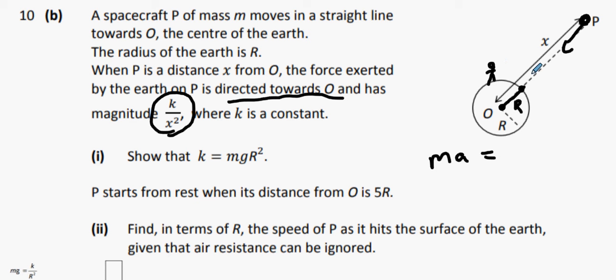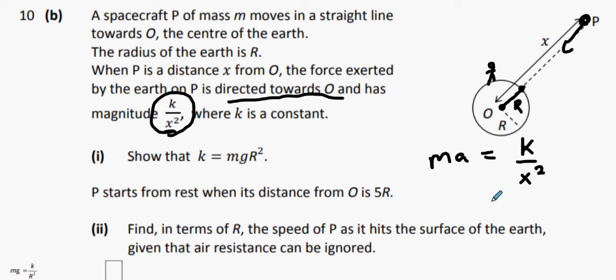It's sort of weird they didn't specify that they're talking about the force of gravity, though. Anyway, if you replace the x value with r, you're at the surface of the planet, and that has to be the same as gravity. So it is ma equals k over x squared. Actually, I think it should be just k over x squared.